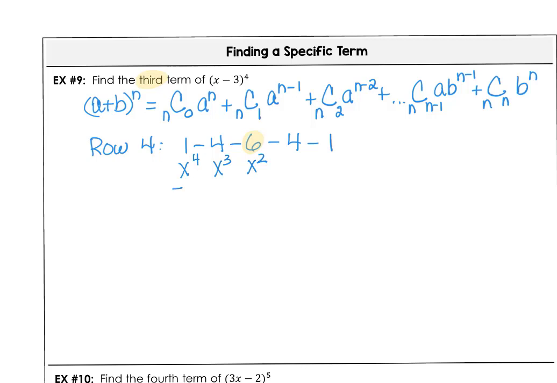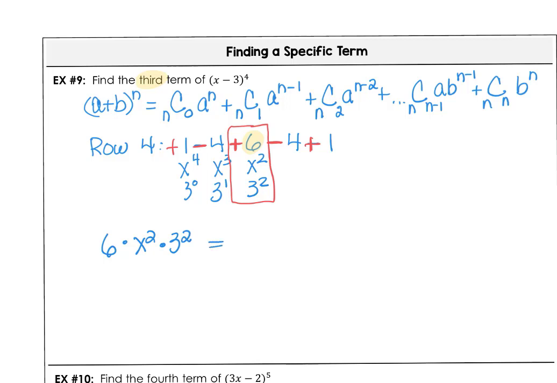Well, the negative 3 is going to go to the 0 power, and then to the first power, and then to the second power. So when you think about that expansion, and you also think about the signs alternating, so we have a plus and then a minus, and this is going to be a plus, and then a minus, and then a plus. We're looking at this column. So that third term would be a 6 times an x squared times a 3 to the second.